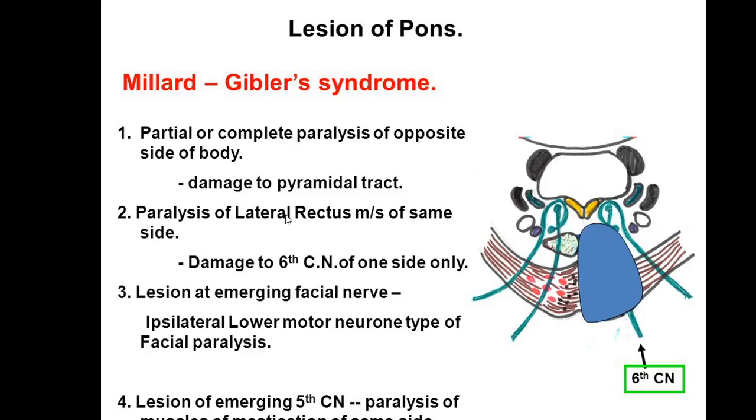Then paralysis of the lateral rectus on the same side is involved, the sixth. The lesion at emerging facial nerve leads to the ipsilateral lower motor neuron type of facial paralysis. The lesion of the emerging fifth cranial nerve results in the paralysis of muscles of mastication of the same side.